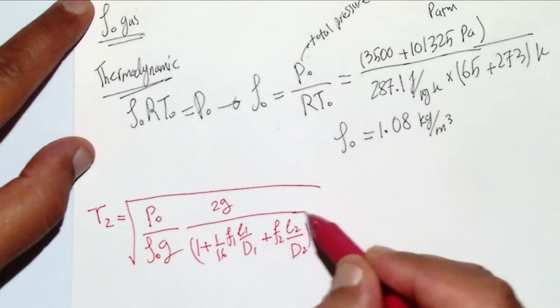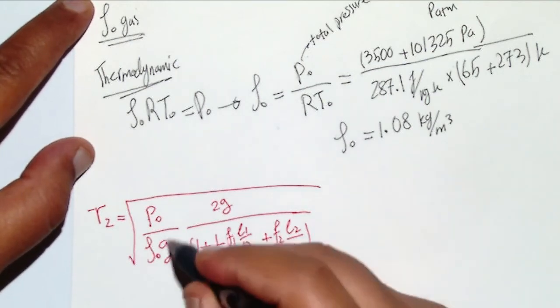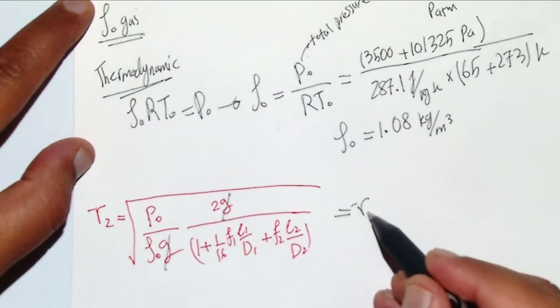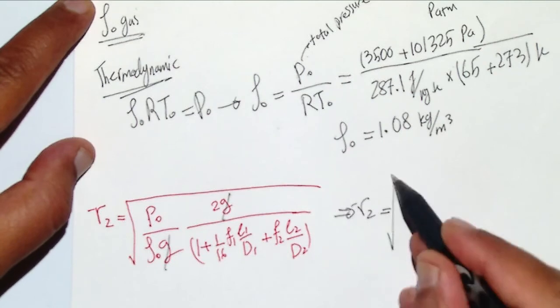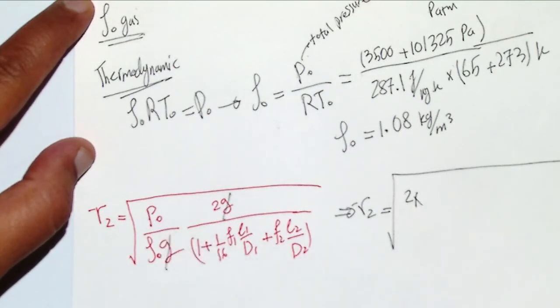I'll just rewrite the main equation based on V2, because that's what we are going to find out. Then I can cancel out the g's, and V2 is going to be the square root of 2 times the P0.